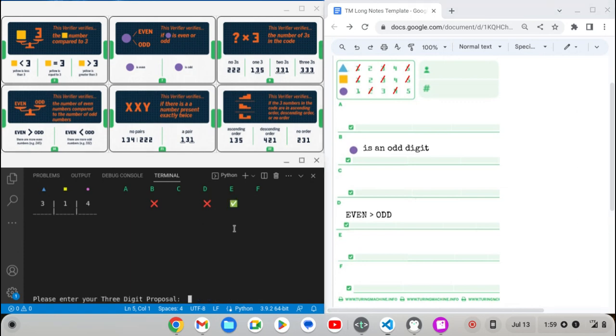Okay, so if you look at the proposal, I have 3, 1, 4. They're actually all different. So that means that, in fact, I don't have a pair, and so I'll just type up that there are no pairs in section E in our notes. So we have no pairs.